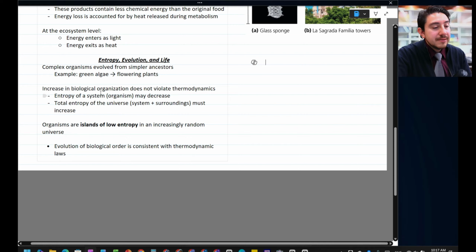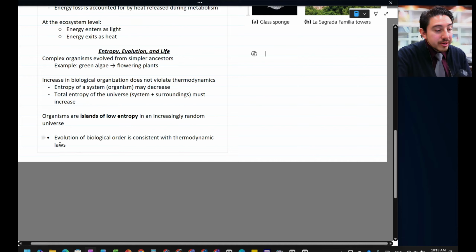Entropy in a system may decrease, but the total entropy of the universe must increase. So organisms themselves are islands of low entropy in an increasingly random universe. So evolution and biological order will always be consistent with thermodynamic laws.